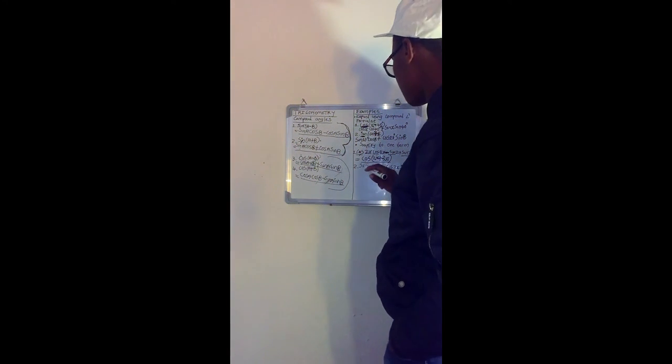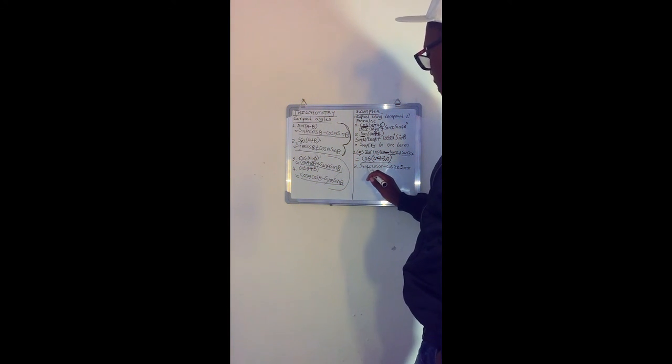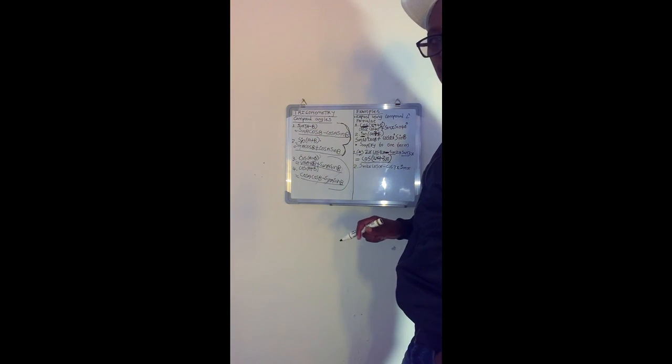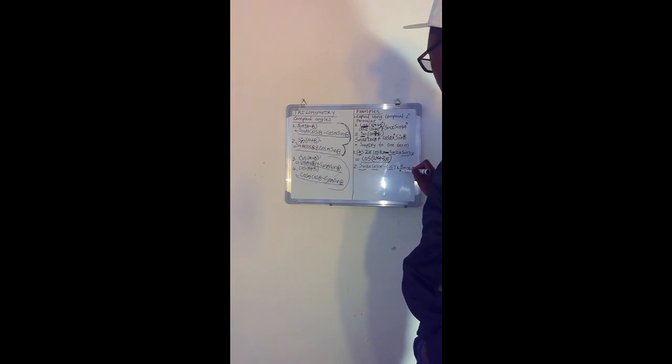And then another question, it says simplify sin 3x cos x minus cos 3x sin x. So we have sine, cos, sine.